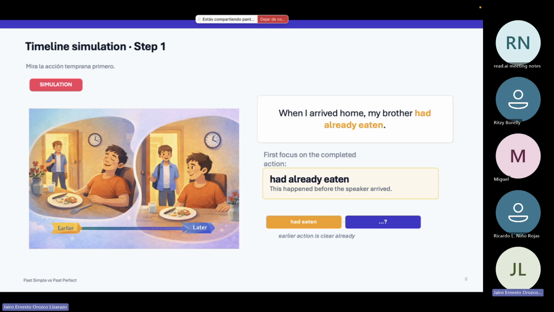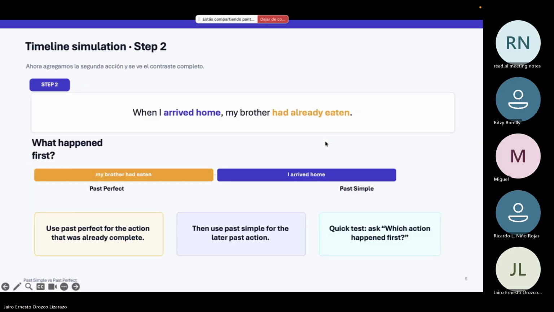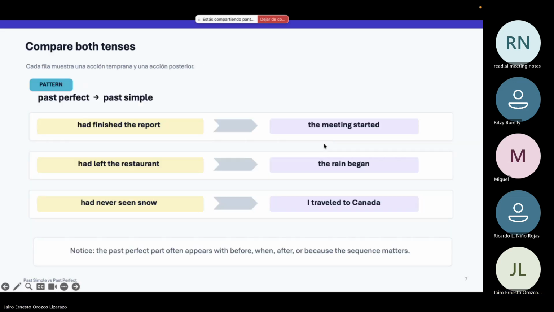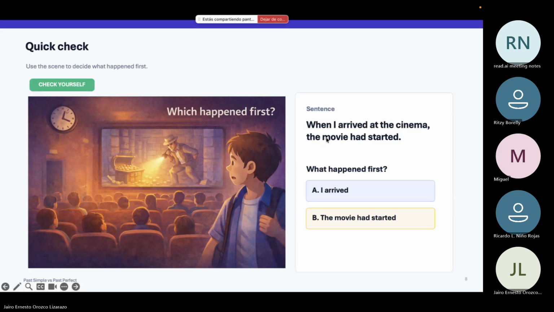For example, when I arrived home, my brother had already eaten. So already eaten happened before the person arrived home, right? When I arrived at the cinema, the movie had started. So for you guys, what happened first?